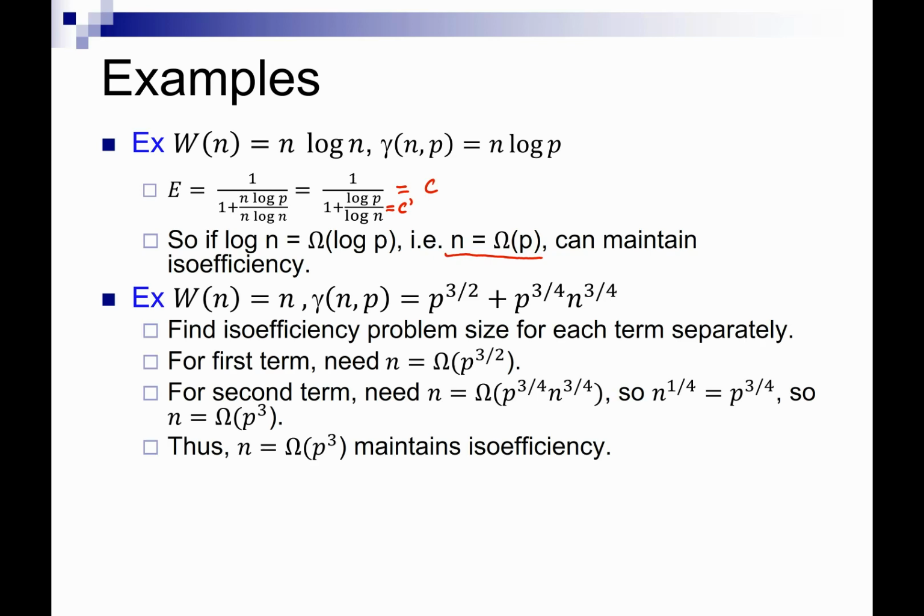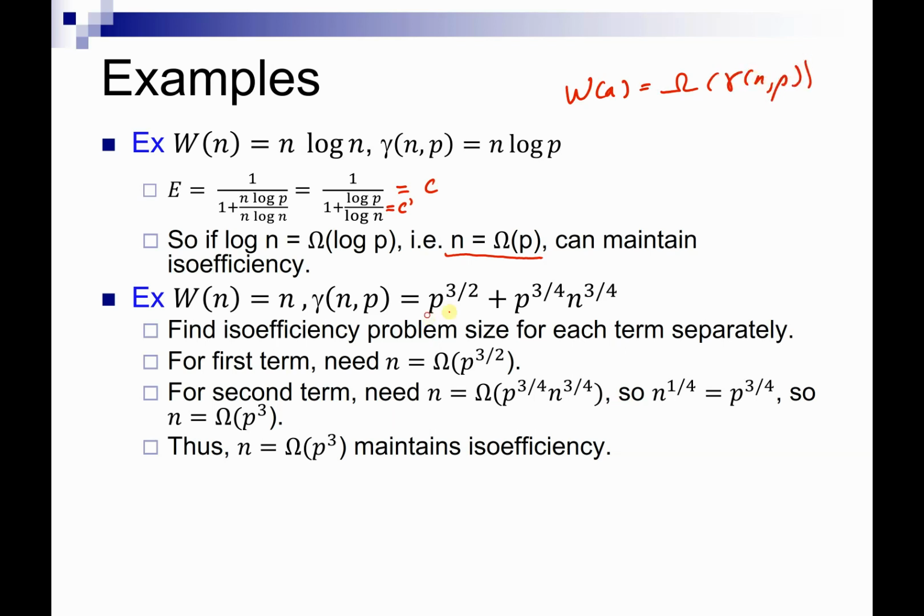Okay, let's do another example. Here, suppose that the amount of work is just n, and suppose the overhead is this complicated expression. If you want to have isoefficiency, then again you need W of n to be omega of this overhead term.